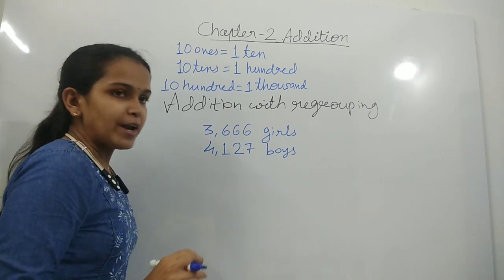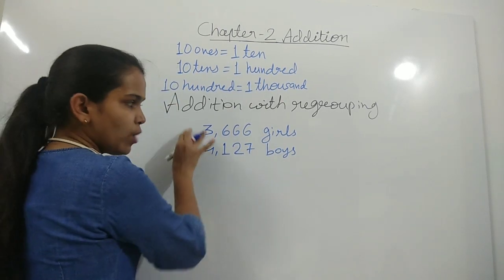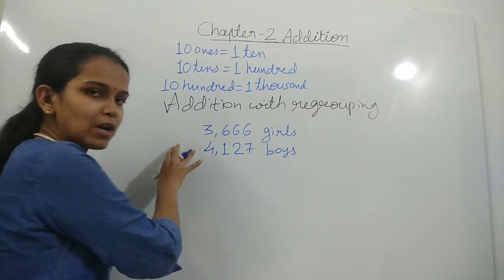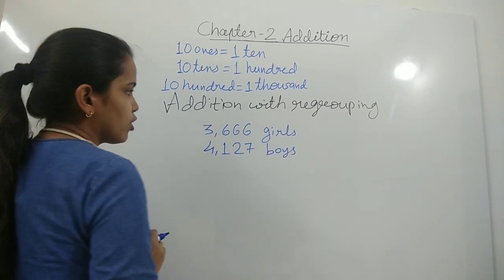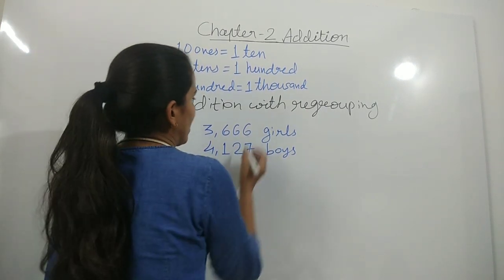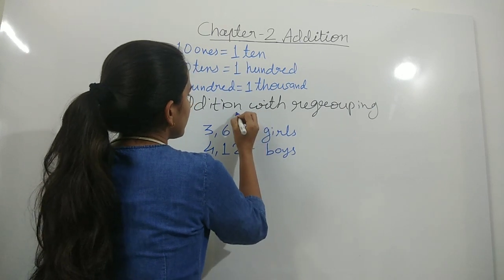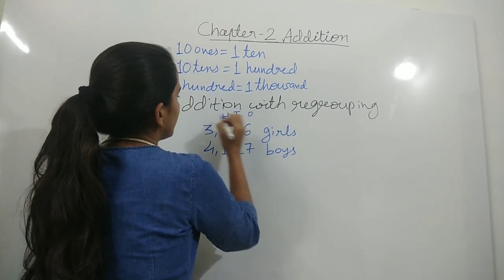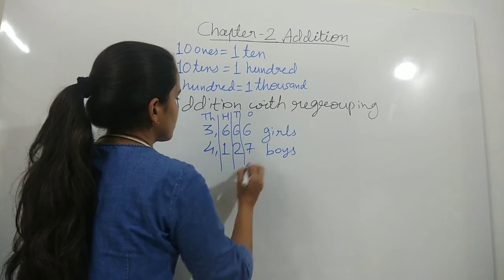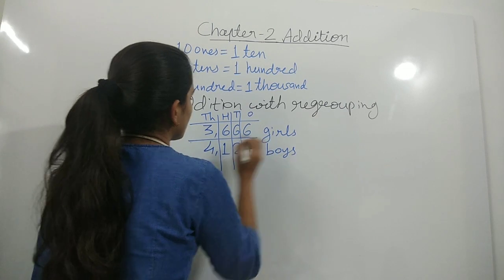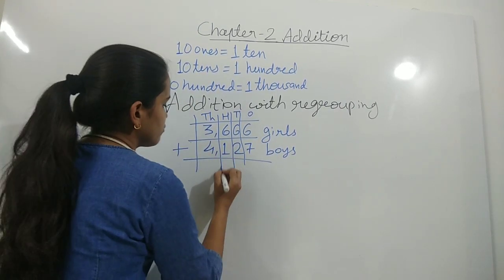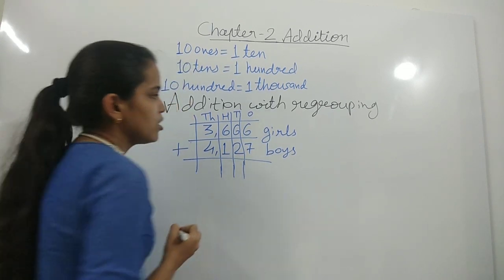What we will do, we have to add these two numbers, the total number of girls and the total number of boys. For this, we will arrange these two numbers in the place value chart, writing the place values here: ones, tens, hundreds and thousands. We have to add to get the total number of students.